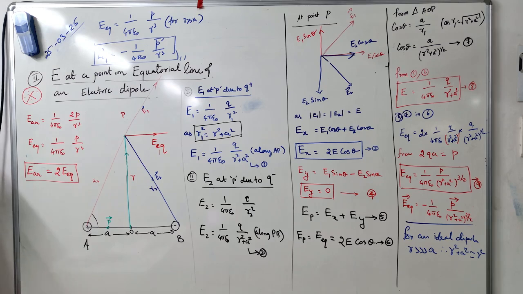If you have a dipole, you travel 3 meter along the axial line and you travel 3 meter along the equatorial line, you should get electric fields double of each other, right? Along the axial line, the value should be double than along the equatorial line. Noted?